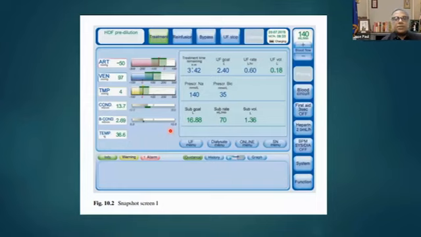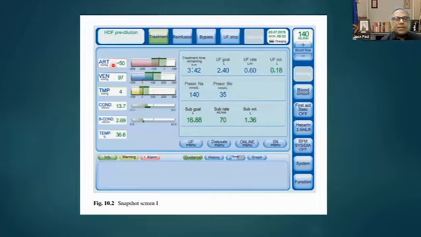Now, this is a screenshot of the machine. This machine is running in a pre-dilution mode. Then there will be the treatment modalities. The remaining time is shown. The ultrafiltration goal that is targeted is shown. The ultrafiltration rate and the ultrafiltration volume are shown. Substitution fluid rate and the substitution fluid volume can also be seen on the screen.